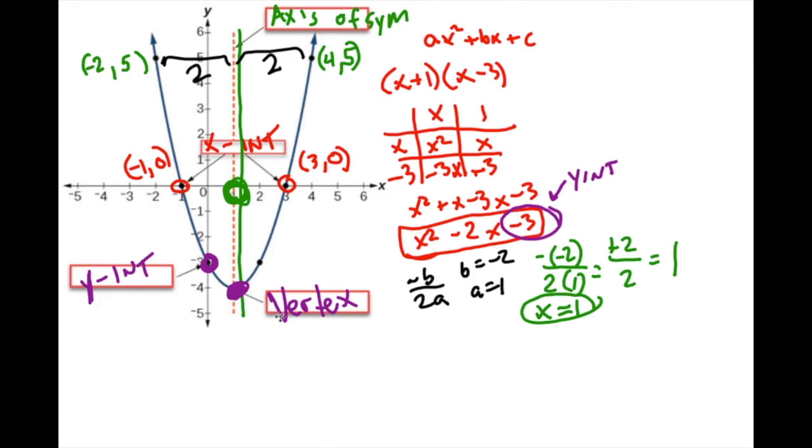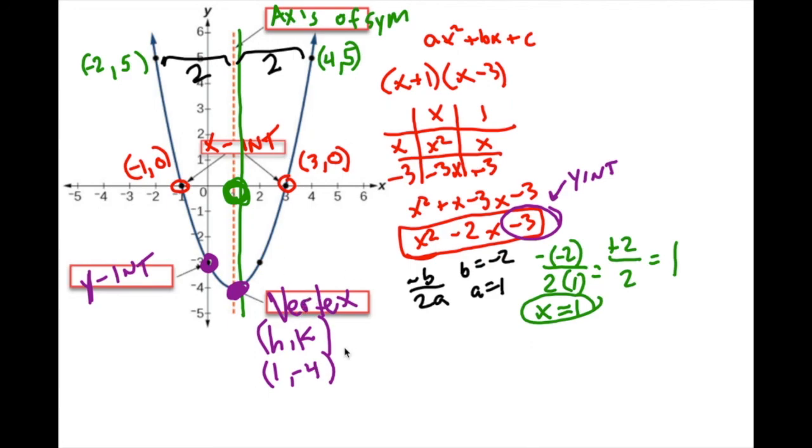And it's represented like this, (h, k). So here on our graph, our (h, k) would be (1, -4). That is our vertex. Yay! Okay, still not done.